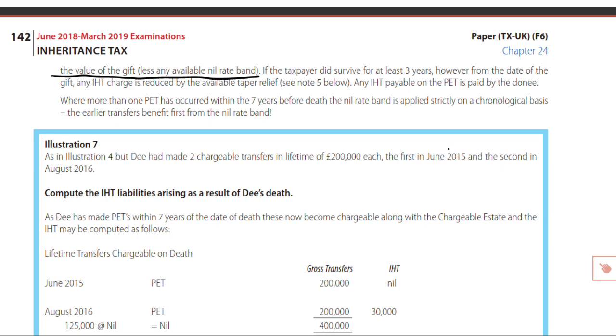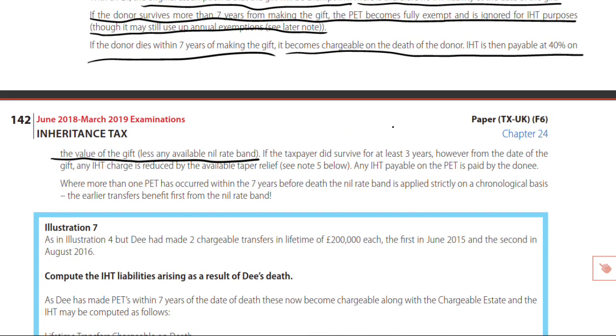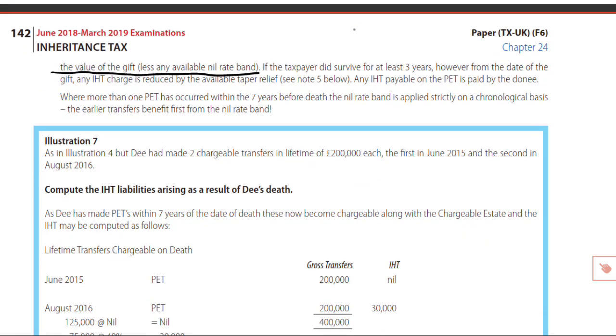So, to repeat, in terms of a potentially exempt transfer, no immediate IHT liability, only becomes chargeable if the donor dies within 7 years of making the gift. That becomes chargeable on the death of the donor and will then be payable at 40% on any value of the gift over and above any available nil rate band.